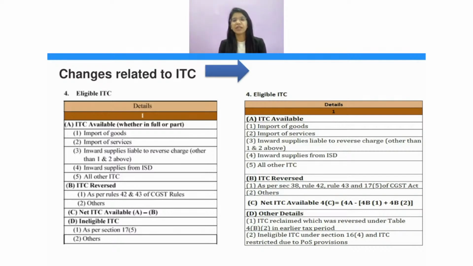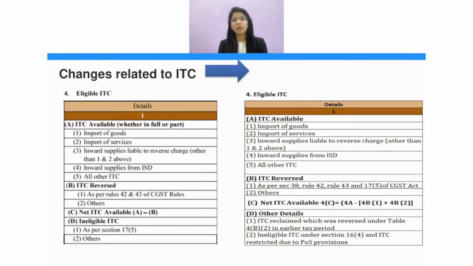And then we have 4D, which earlier used to talk about the ineligible ITC, but now it is more of other details. So 4A is just the ITC available which you are going to claim. Then 4B is a reversal part, and then we have 4C, which is the net ITC, which actually goes and sits in our electronic credit ledger. This is how it is shown in GSTR-3B.